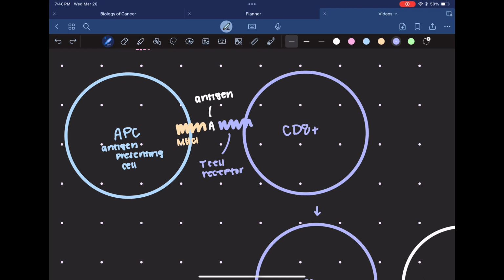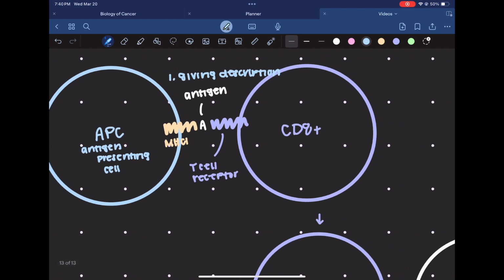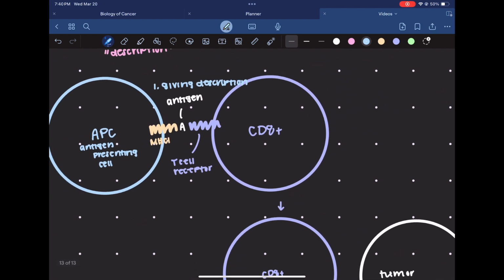So the antigen presenting cell is kind of like a witness that gives a description to the CD8 plus cell of saying, hey, go look for this antigen.